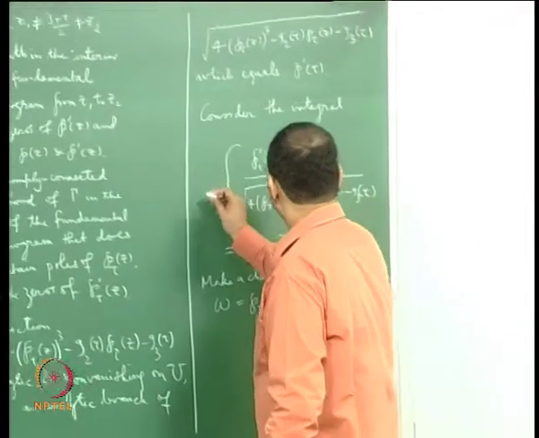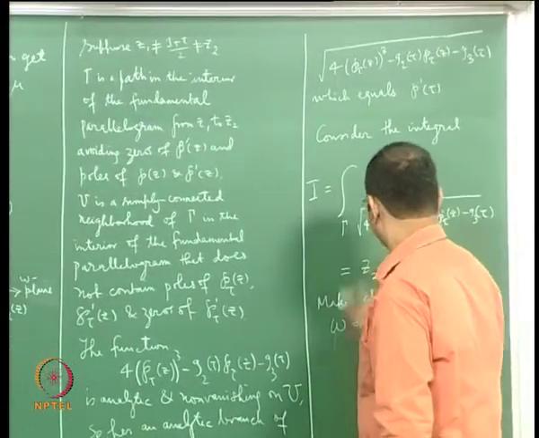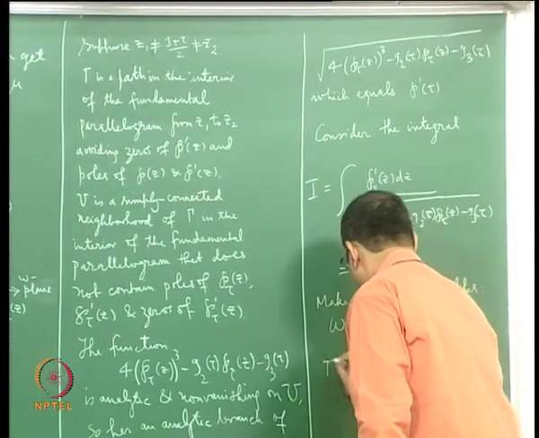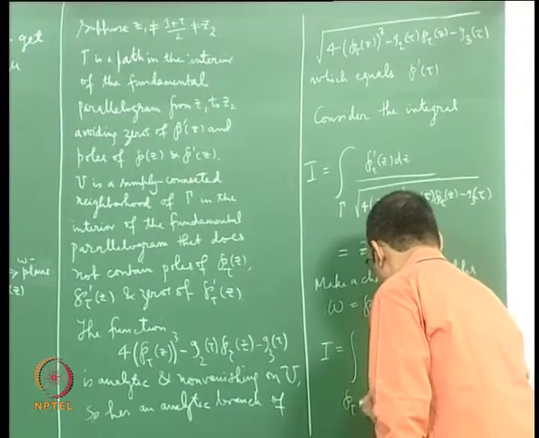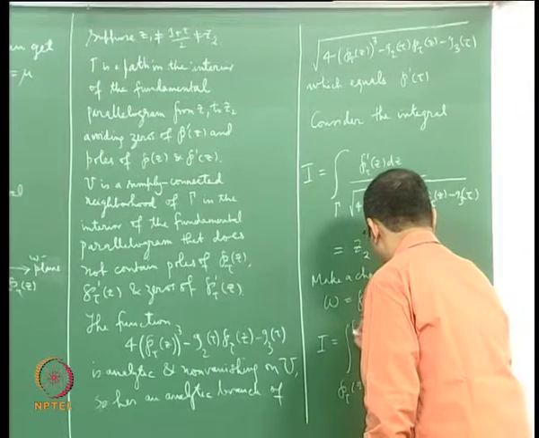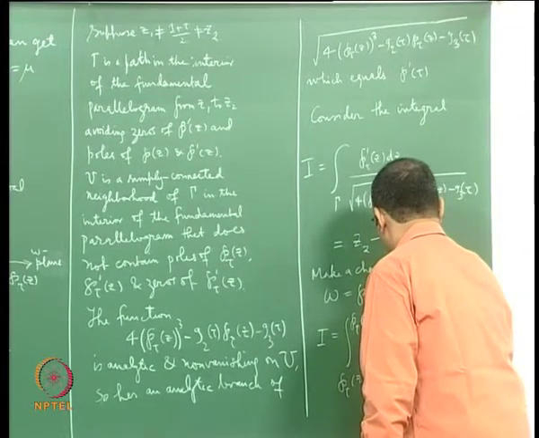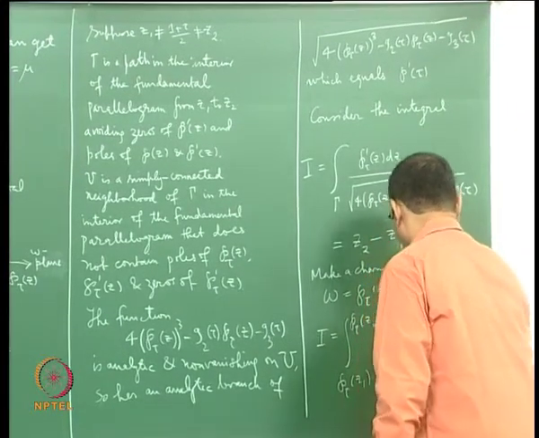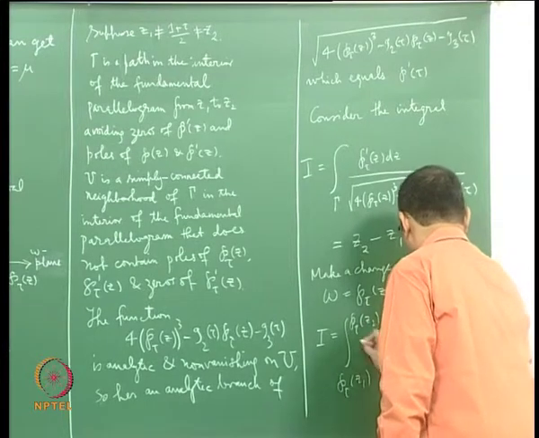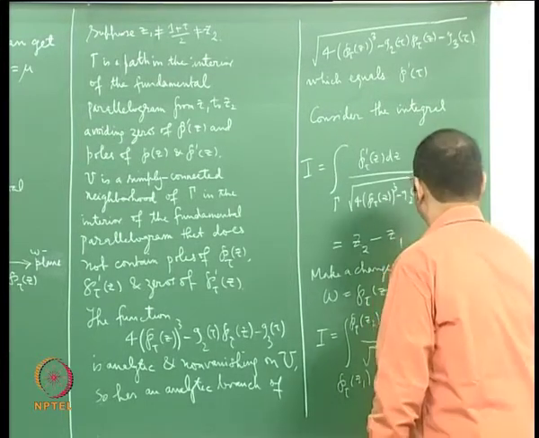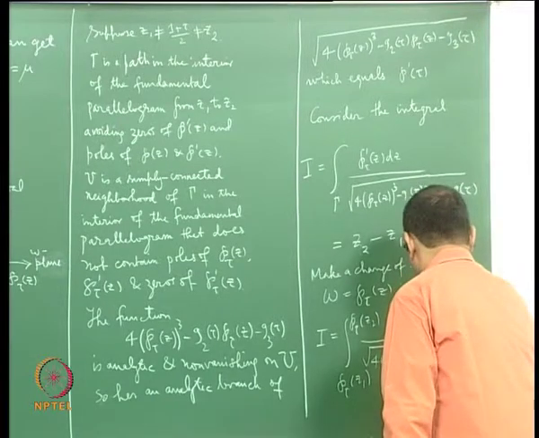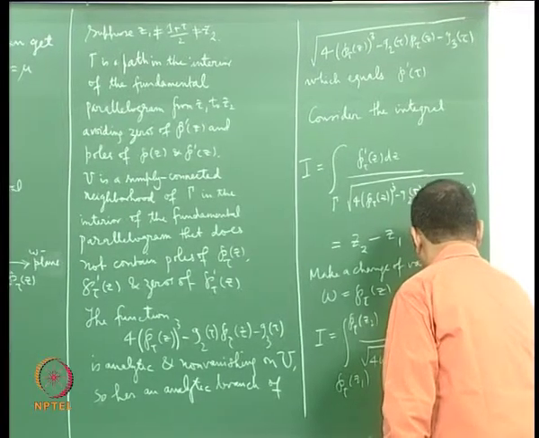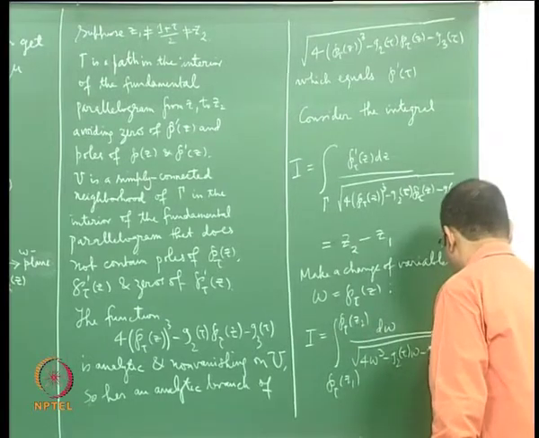Then if I call this integral I, then I will also be the integral from phi tau of z1 to phi tau of z2 of d omega by root of 4 omega cube minus g2 tau omega minus g3 tau.